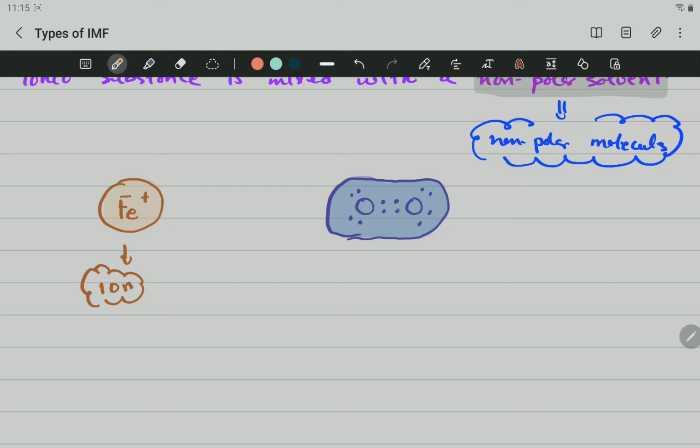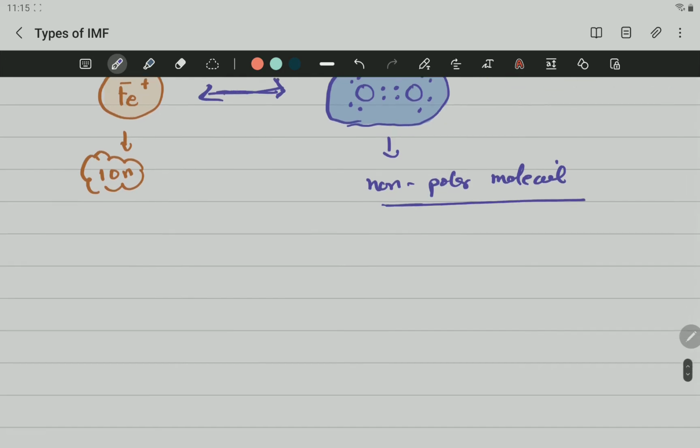And we have here an oxygen molecule, which is a nonpolar molecule. And let's assume that this oxygen molecule and the iron come into contact. Iron burns in oxygen, and they come to form iron oxide.